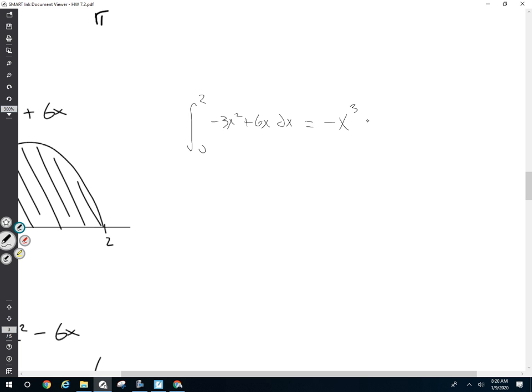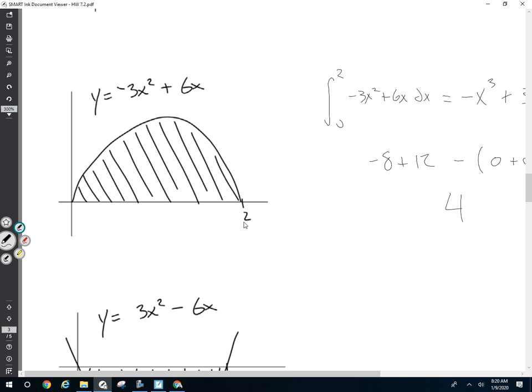I'll just have the negative of x cubed. 6 divided by 2 ends up being 3x squared, so this is the antiderivative. You got a plus c, it won't matter because you're going to be subtracting those c's when you find the change in the antiderivative. I'll get negative 8 plus 12 minus 0 plus 0. So that's going to be just 4. The area here under this curve is just 4.